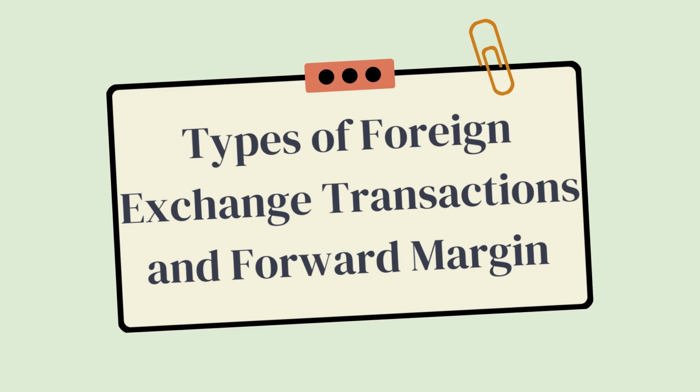If we try to see the past data, the forward rate after 2 months can be 55 or 56 or 57, which means a depreciated value of the Indian rupee. But there is always a possibility that when the spot rate is rupees 50, rupees 50 could also be the forward rate after 2 months.